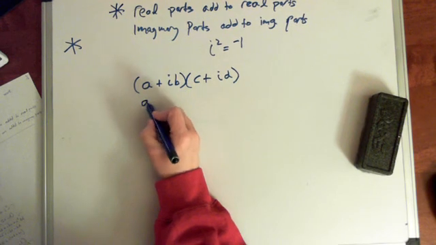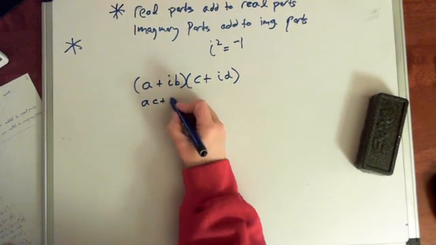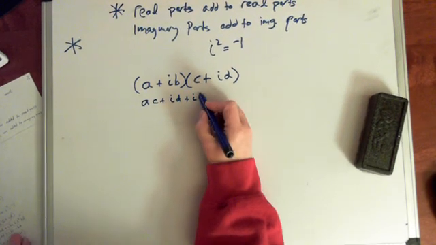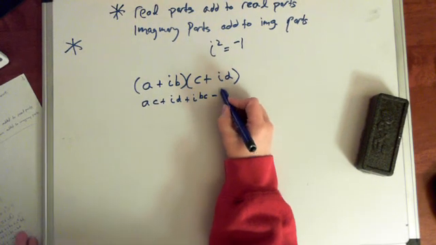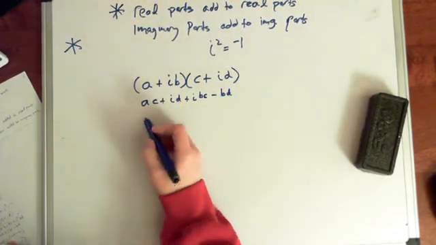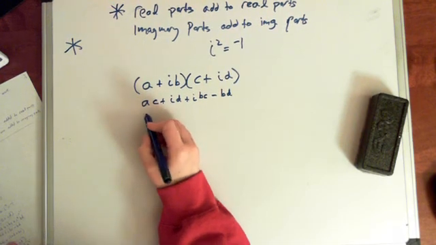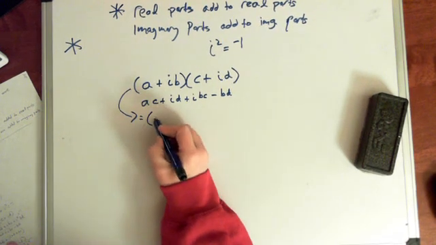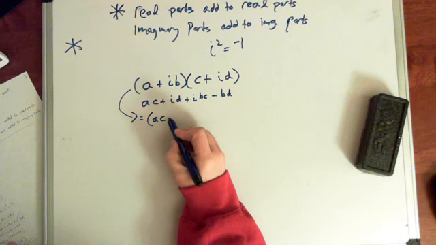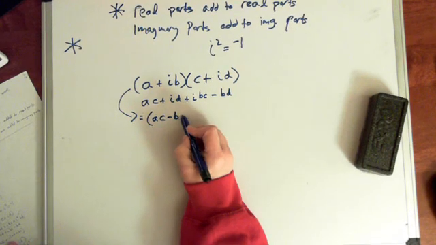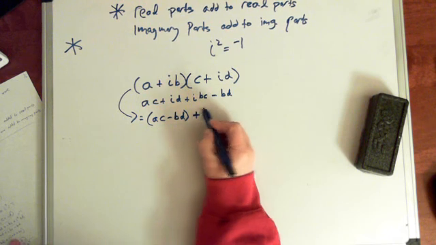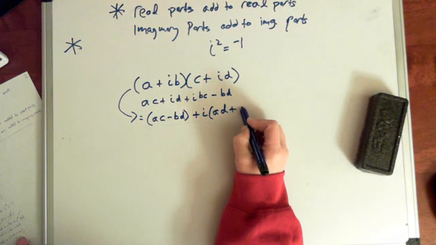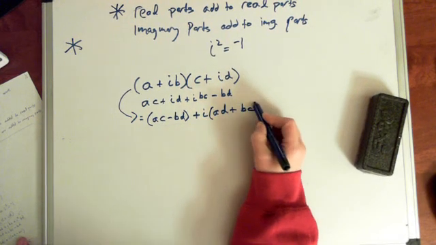So we've got ac plus iad plus i times bc minus bd. Again, pulling my reals to my reals and my imaginaries to my imaginaries, I get ac minus bd plus i times ad plus bc.